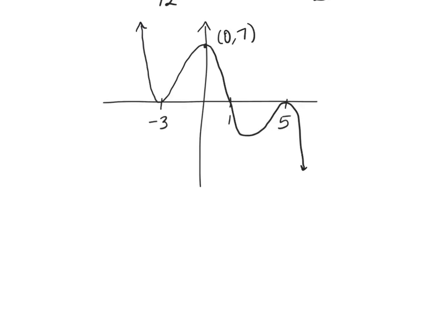Now see if you can find the polynomial that matches that. So my zeros are negative 3, 1, and 5.